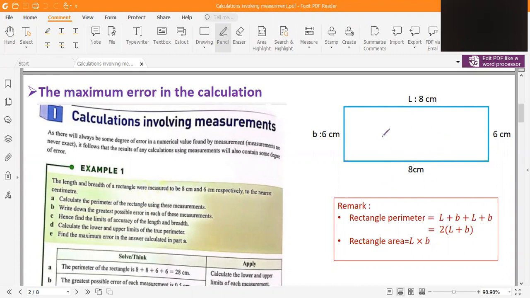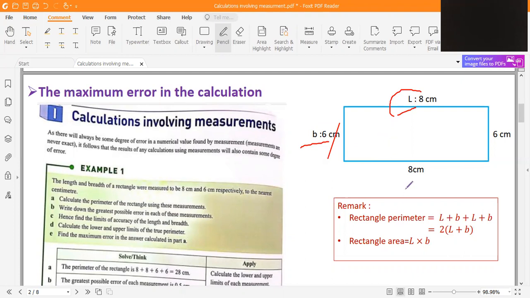So this rectangle, for example, the length and breadth of this rectangle were measured to be 8 and 6 centimeters respectively. So the length is 8 and the breadth is 6 centimeters.